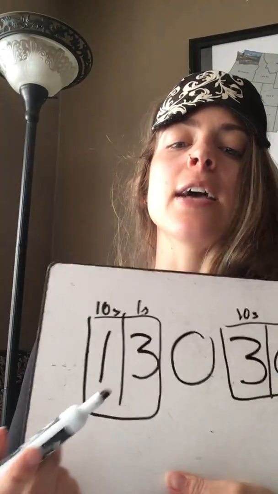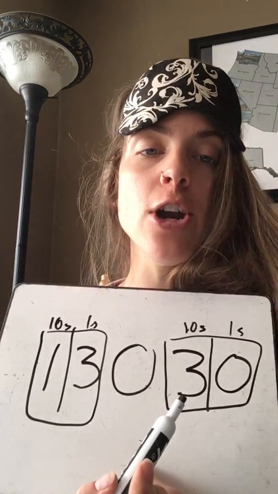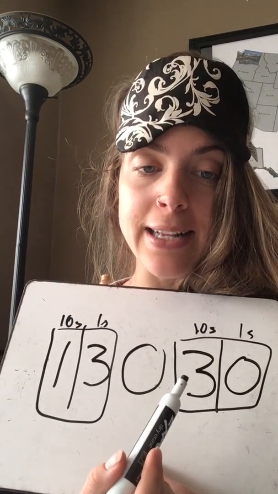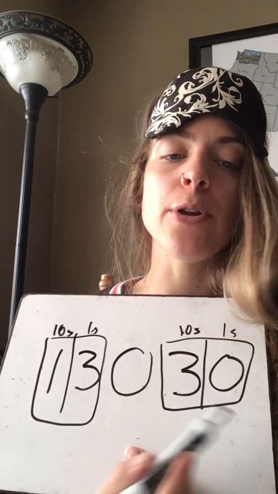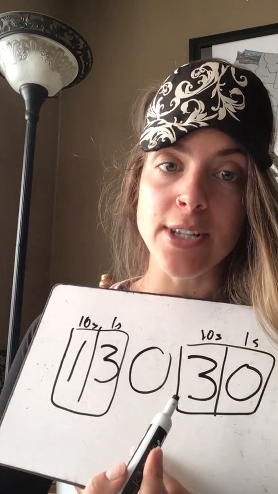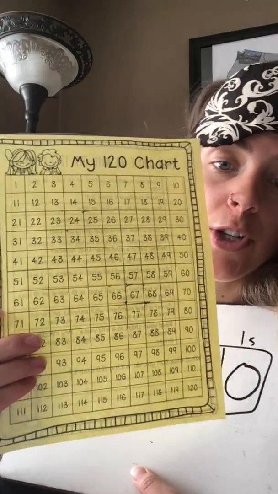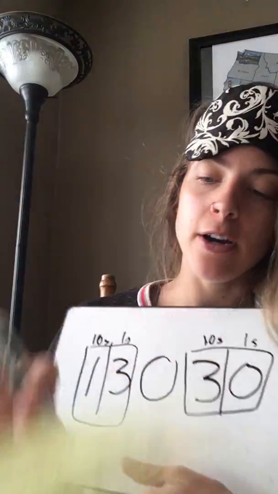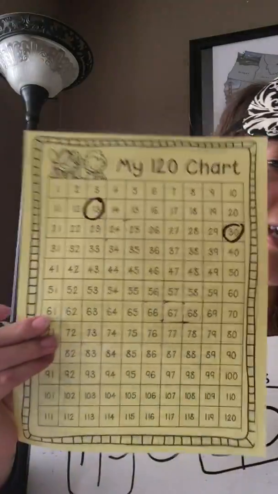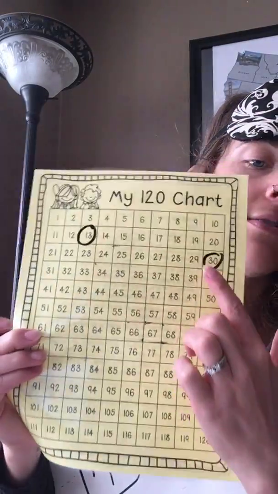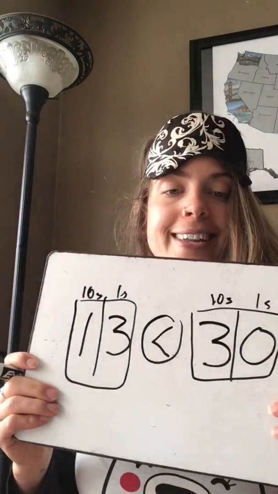So 13 has 1 10 and 3 1s, and 30 has 3 10s and 0 1s. Okay? And remember, the more 10s you have, the bigger the number is going to be. You could also look at your 120s chart and see which one is farther down and bigger. So we have 30 and 13. Which one's greater? The 30. So we would make that greater than sign towards the 30.